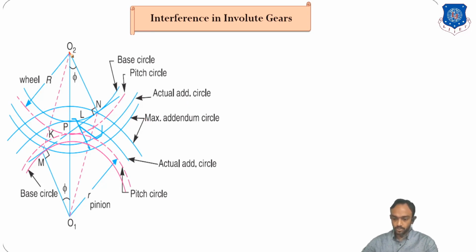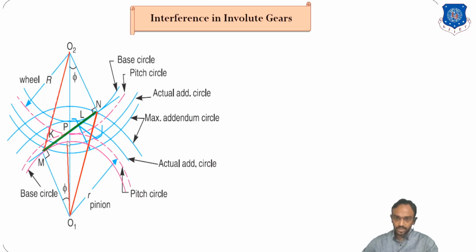The maximum addendum circle length can be up to this point M, and for this pinion up to this. So the length of path of contact for maximum addendum can be this MN. We have to find O1N, the addendum radius.